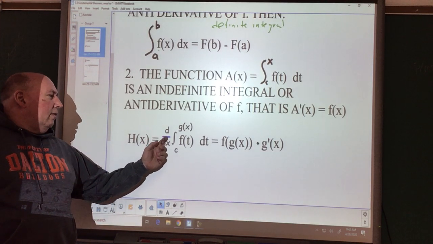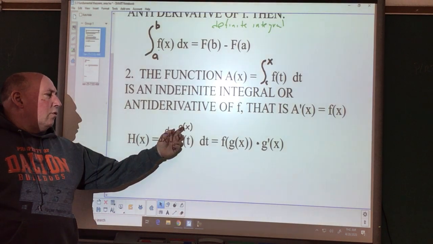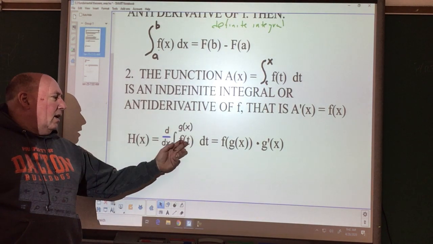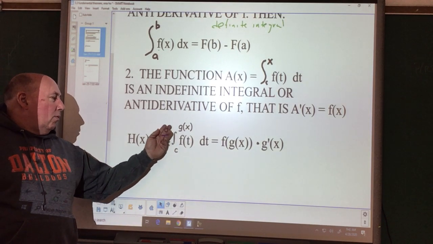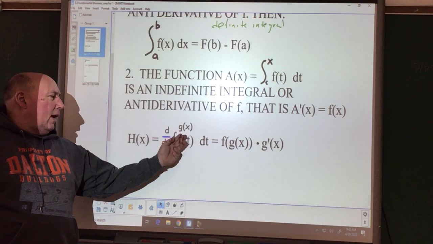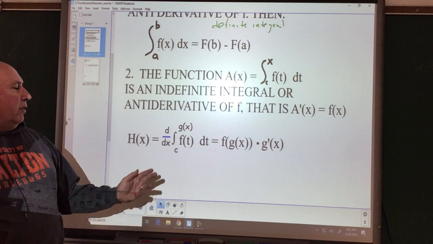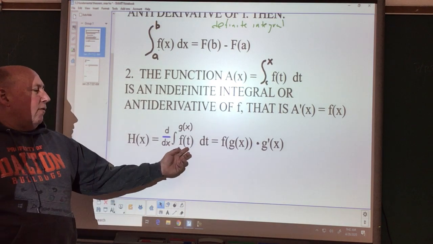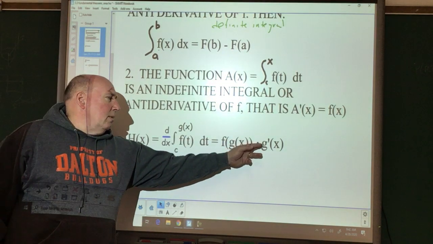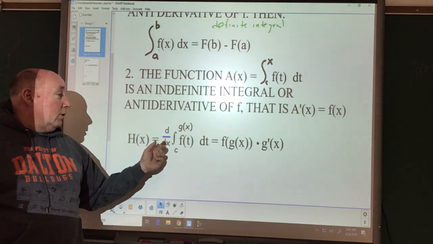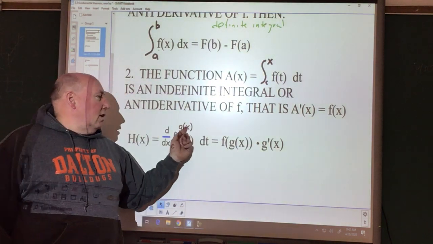Then the derivative with respect to x of the integral from c to some function g of x of f of t dt. Okay, this is a lot of blah blah blah here. We're taking our derivative with respect to x, and we have a function g of x, f of t dt, and this is equal to the evaluation of our function at g of x, times, since we're dealing with derivatives, we have to use our chain rule, times the derivative of g of x.